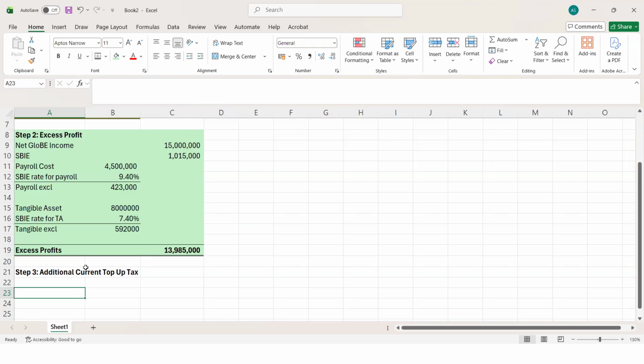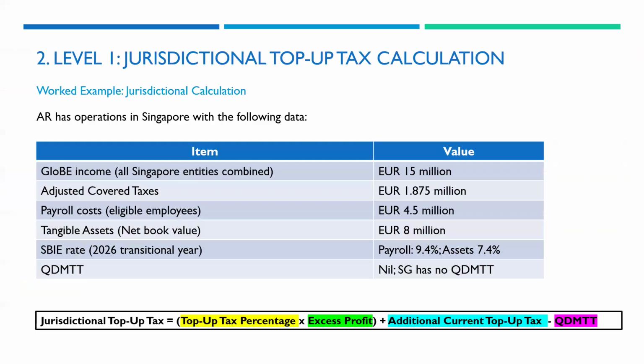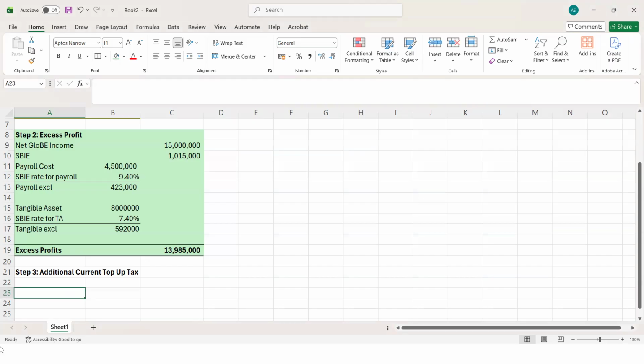You remember that adjustment which is coming in 2025 returns? Same concept. If there is any difference in last year, then you have to plus or minus that additional current top up tax. Okay, this is in respect of tax which was not paid in respect of the income in the last year. So right now in this question there is nothing, so I will say zero.